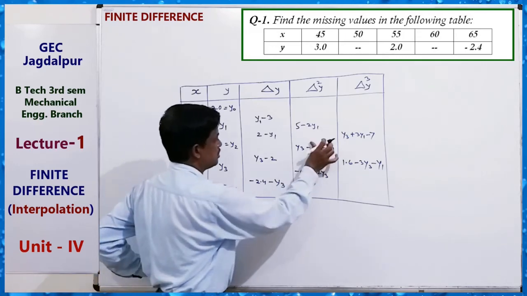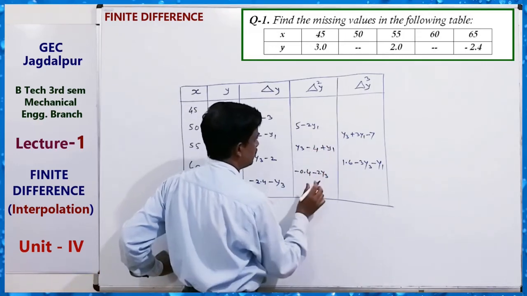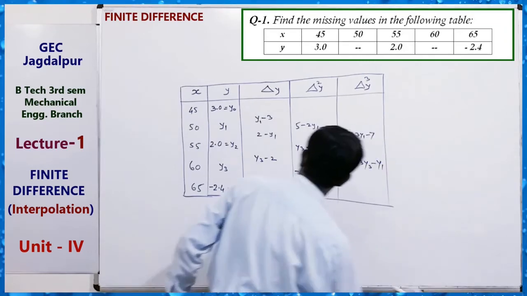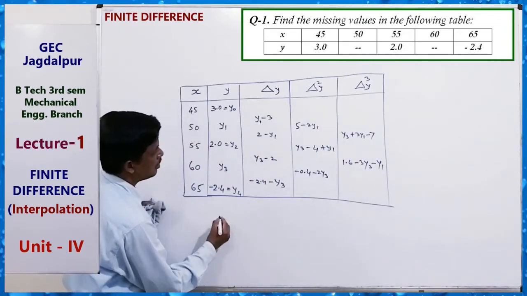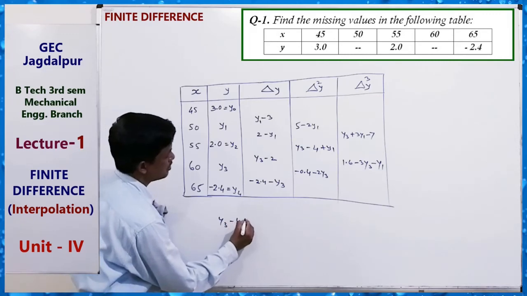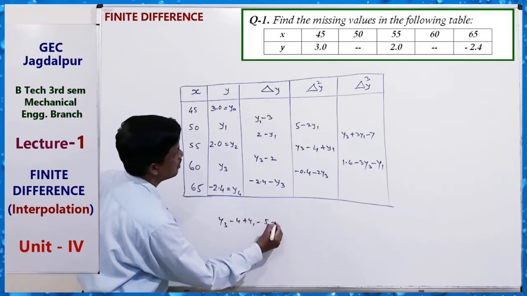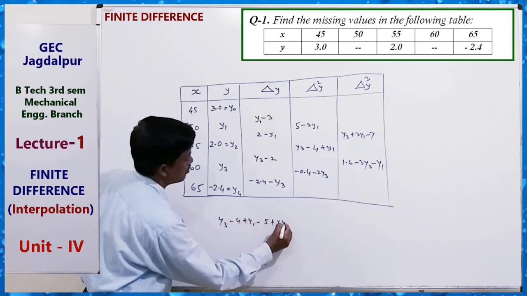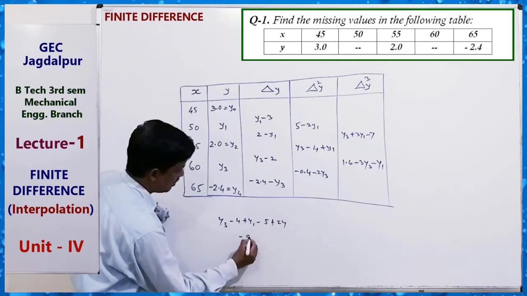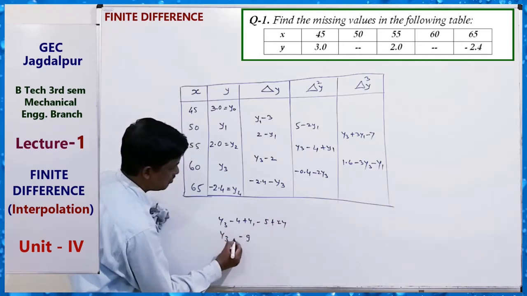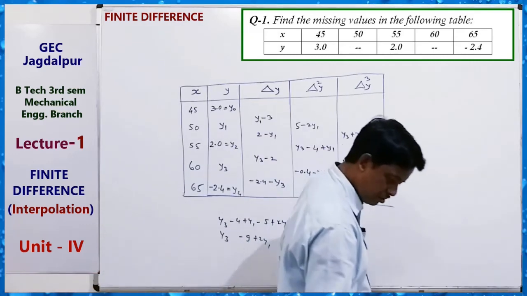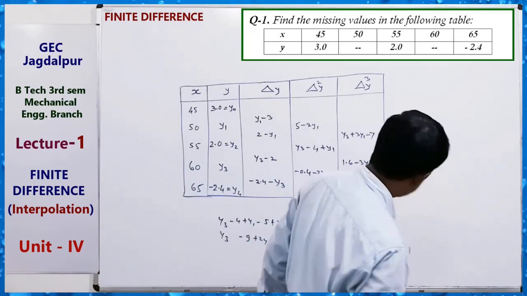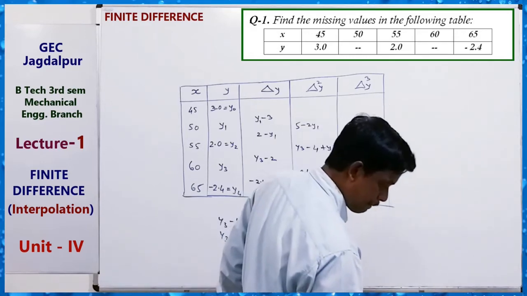So minus 4 is there, no? Minus 4. If minus 4 is there, then y3 minus 4 plus y1 minus 5 plus 2y1. So y3 minus 9 plus 3y1.